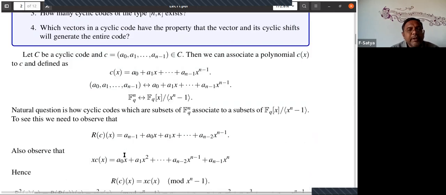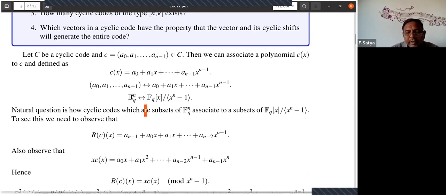Then we noticed that we can take any code word and convert it into a polynomial, and think of it as an element in Fq[x] quotiented with x power n minus 1. A cyclic shift, where an minus 1 comes first and a0 x follows, is nothing but multiplying by x modulo x power n minus 1.